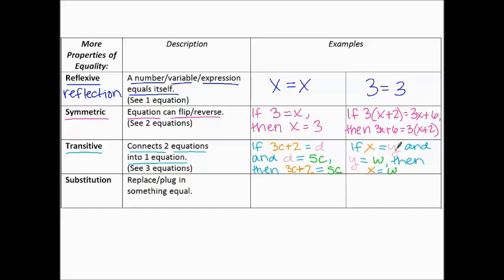Again, x is equal to y. So x is equal to y, and y is also equal to w. So we can kind of skip that middle step and say that x is equal to w. These are equal to the same thing, so they're equal to each other. That is our transitive property.